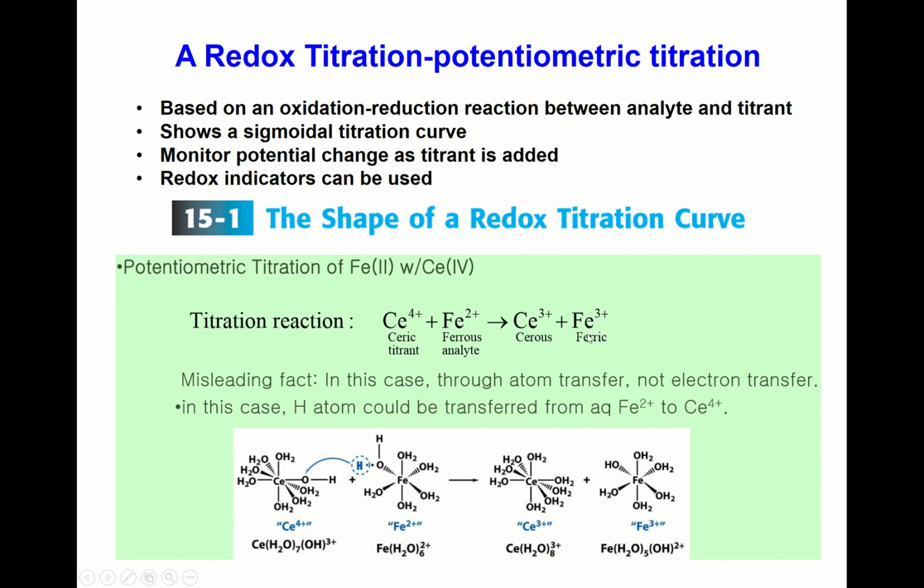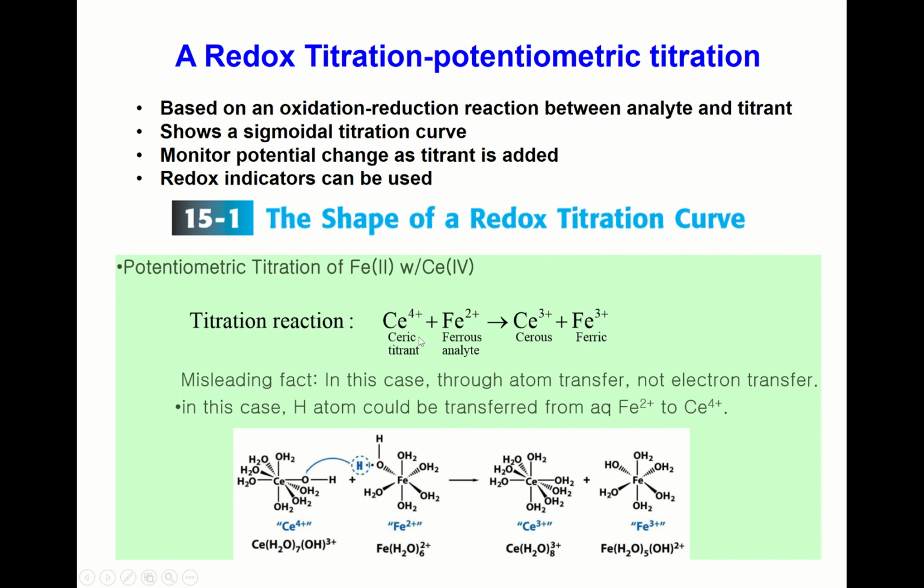Here, ferrous is divalent, and the trivalent ion is called ferric ion. It can be used as an oxidizing agent, but ferrous can be used as a reducing agent. Since the ceric ion oxidation power is quite high, it can oxidize this ferrous ion.